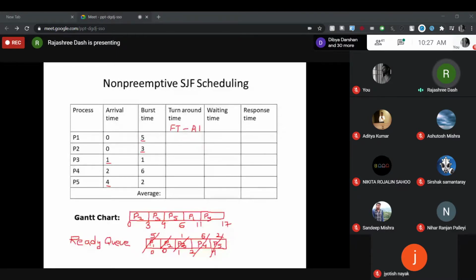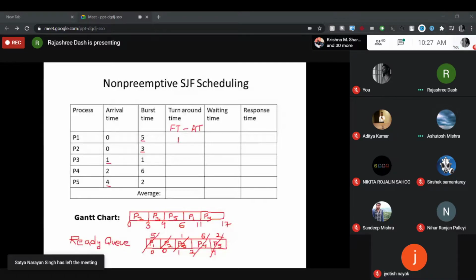Now tell me, for process P1, what will be the turnaround time? The finish time is 11, so 11 minus 0, that is 11.